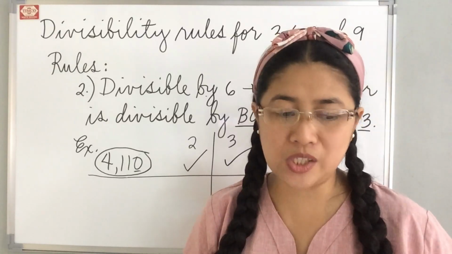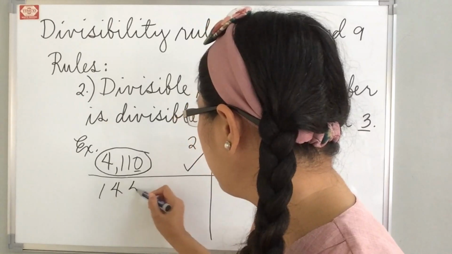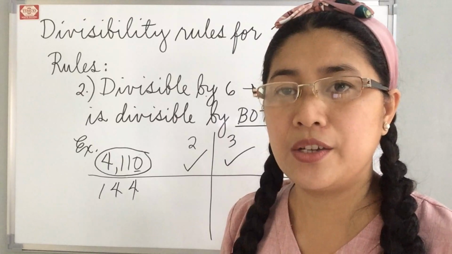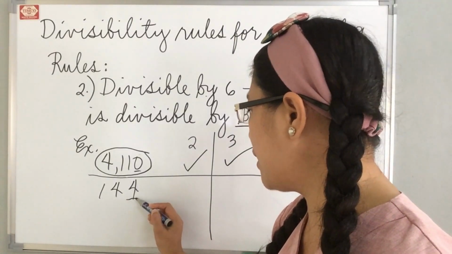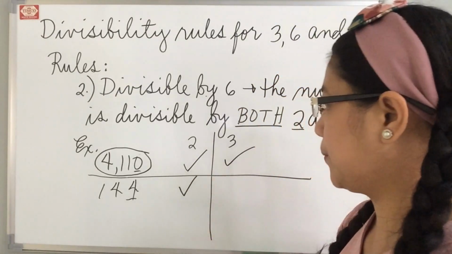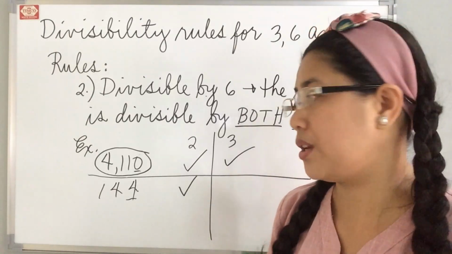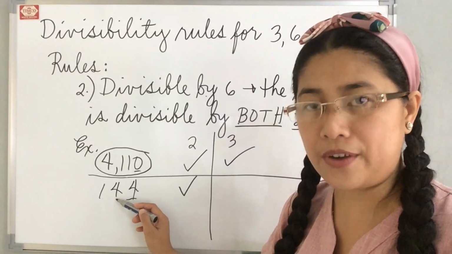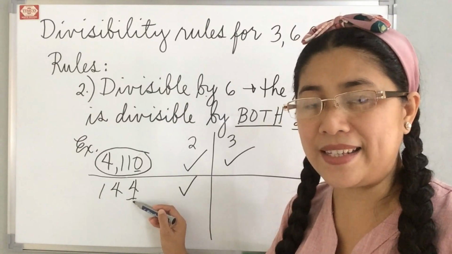Let's have another example. We have 144. First, identify if it is divisible by 2. Since 144 ends with number 4, therefore, it is divisible by 2. How about number 3? So, let's add the digits. We have 1 plus 4 is equal to 5. And 5 plus 4 is equal to 9.